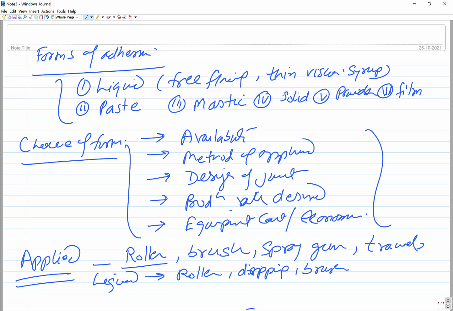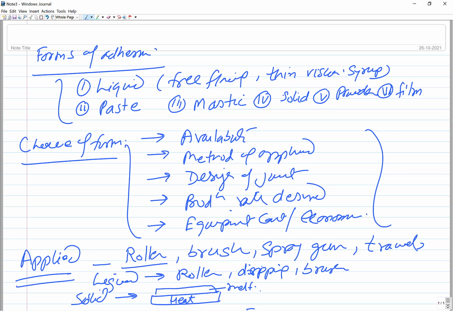Then there are solid adhesives. How are these applied? To apply solid adhesives, we heat the component on which the adhesive is to be applied so that the solid adhesive melts, and then over it you apply the other component to be joined.